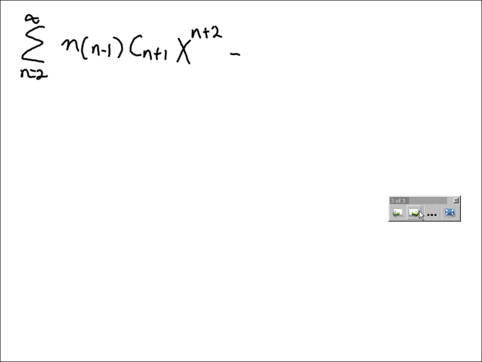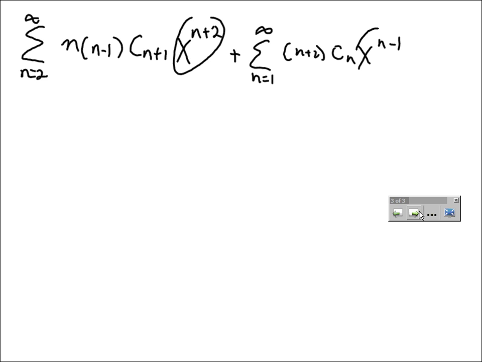And we want to add or subtract the summation as n goes from 1 to infinity of (n plus 2) times c sub n x to the n minus 1. We want to add these. What that means is we want these both to be x to the k. I'm going to do it one by one. Let's work on this one first.